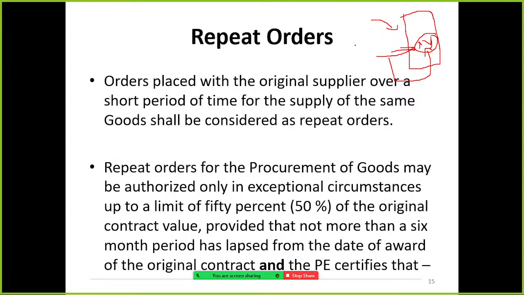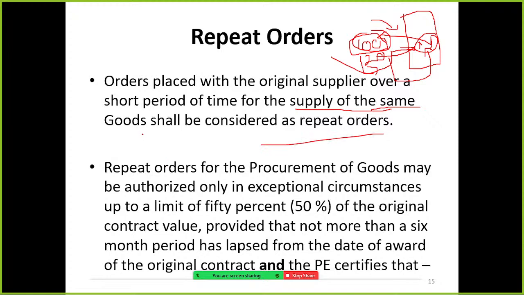Earlier the office purchased 100 items and they want 20 more items. Rather than calling for new quotations, they can purchase from the earlier supplier who supplied the 100 items. So an order placed with the original supplier over a short period of time for a supply of the same goods, this is very important, shall be considered a repeat order.